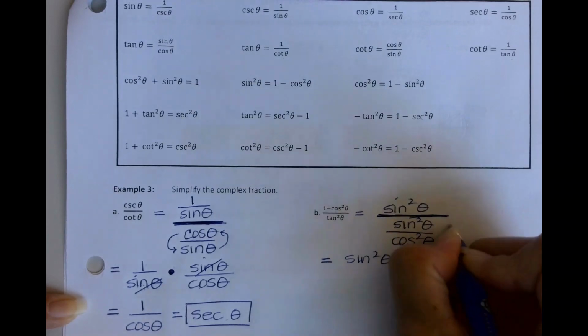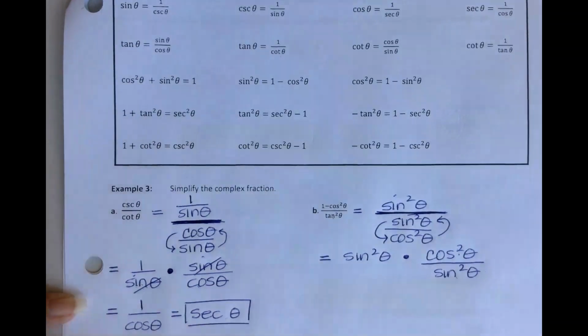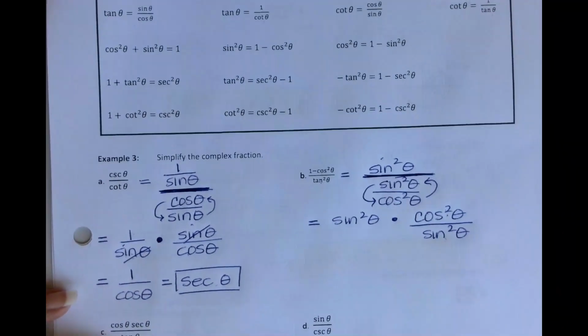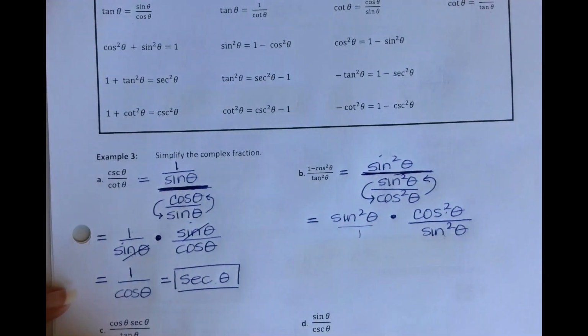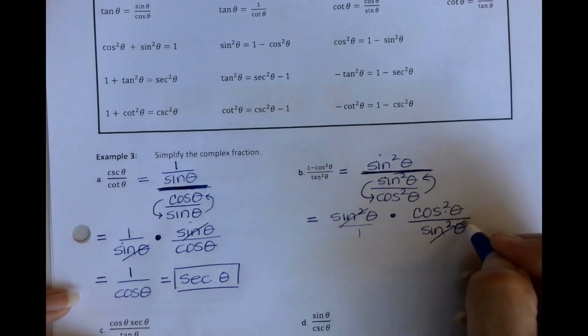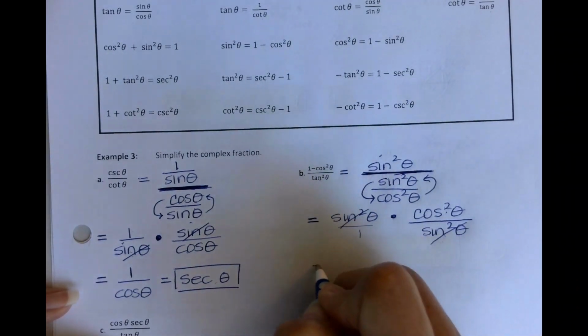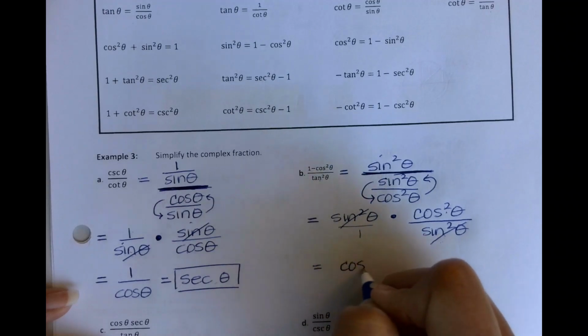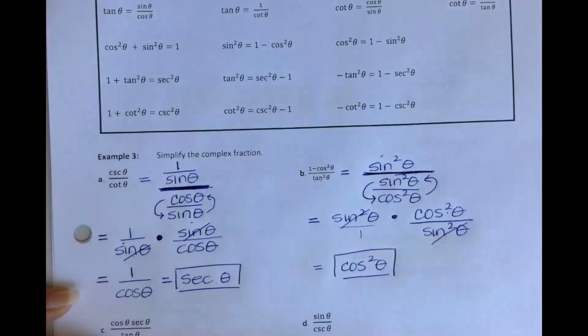So this becomes there, and that becomes there. Notice how I flipped him. Now, again, there's an invisible 1 right here that I can put in there to help me realize that my numerator and denominator are identical over multiplication, so the canceling was allowed. Cosine squared theta, boxed in for our final answer.